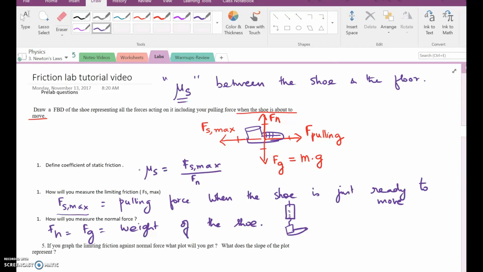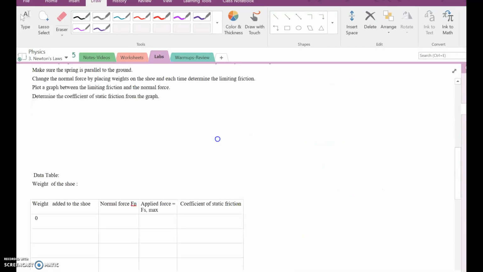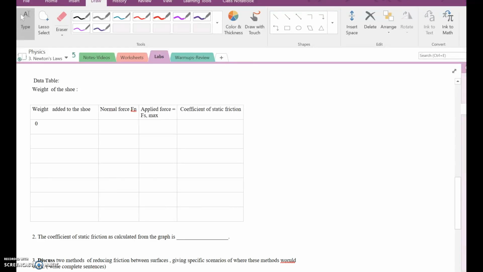So if you look at the data table in the lab, you will find that you have 6 rows in which you could add weights to the shoe, thereby increasing the normal force, and for each value of normal force you find the Fs max. And then in the last column you can get the ratio of Fs max to normal force, and you can average all of this.